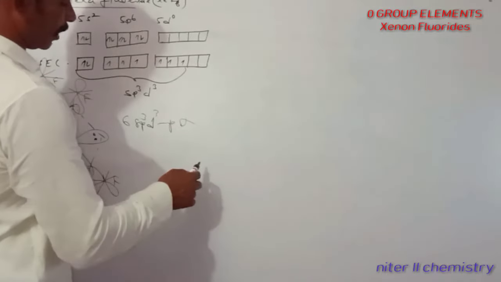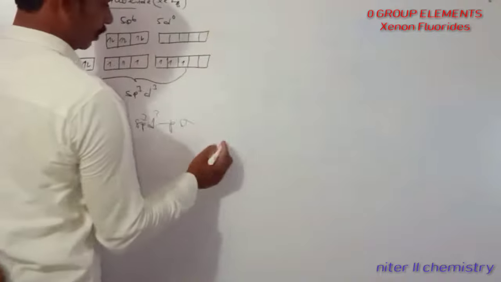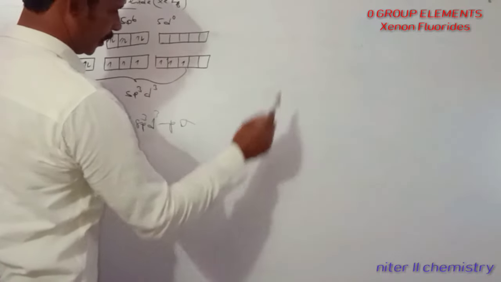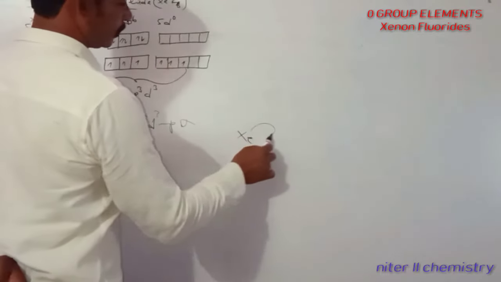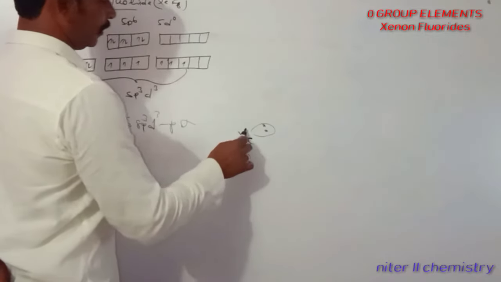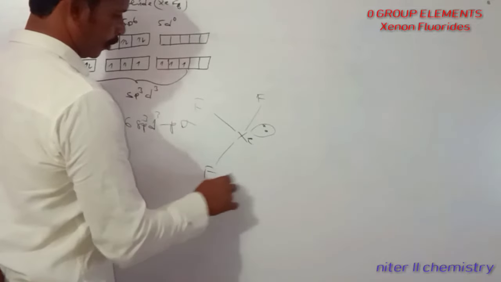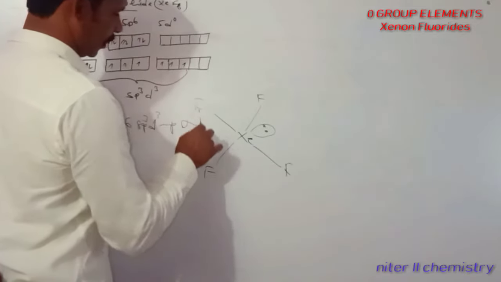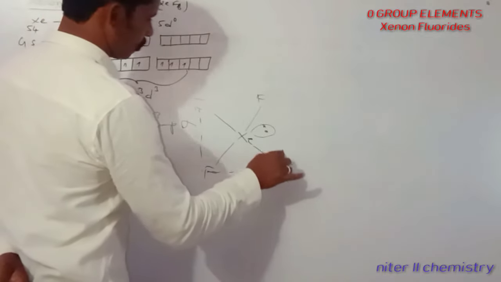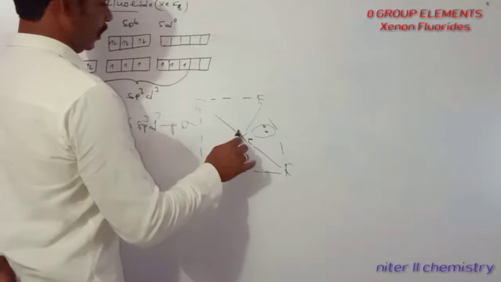According to that, we can write the geometry like this. Xenon here, the lone pair of electrons here, then the fluorines around in a distorted pentagonal arrangement.